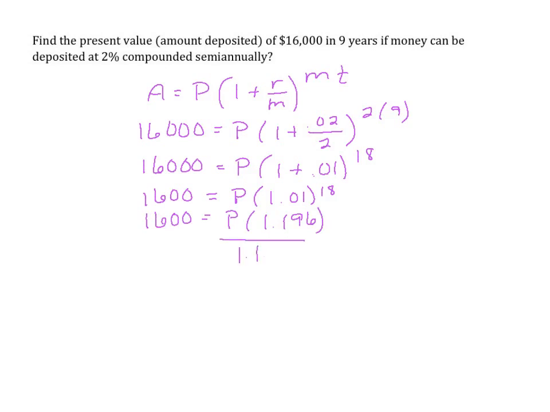And we need to divide each side by 1.196 so that we can get P by itself. So 16,000 divided by 1.196. We should invest into this account to start $13,377.93 in order to end up with $16,000 after 9 years.